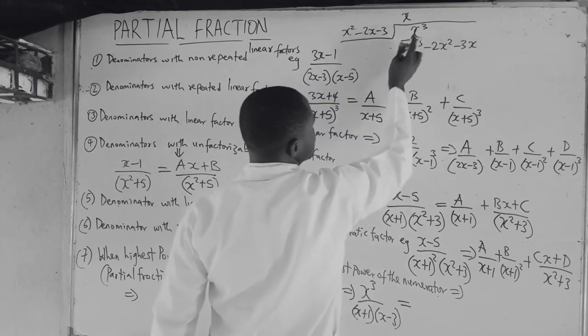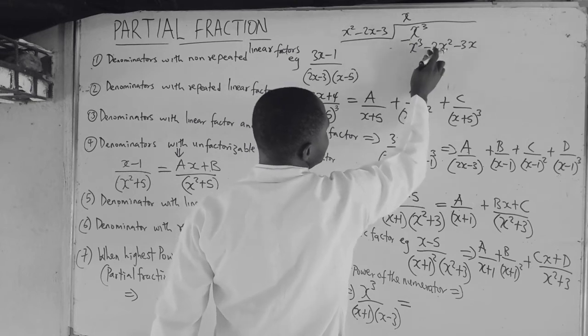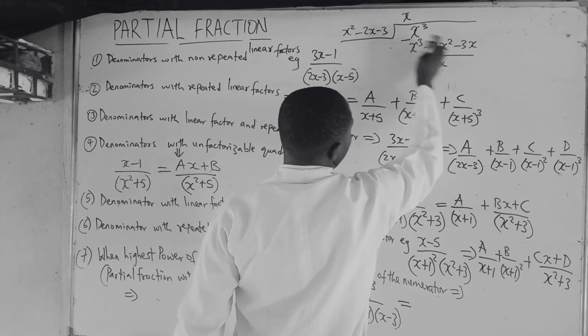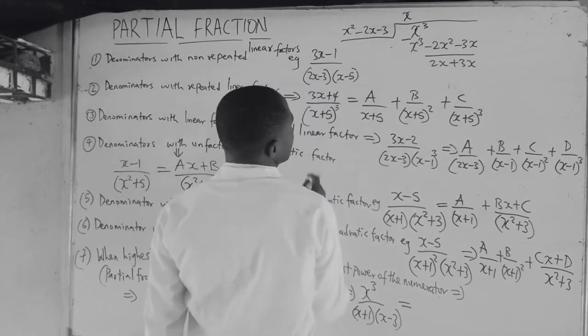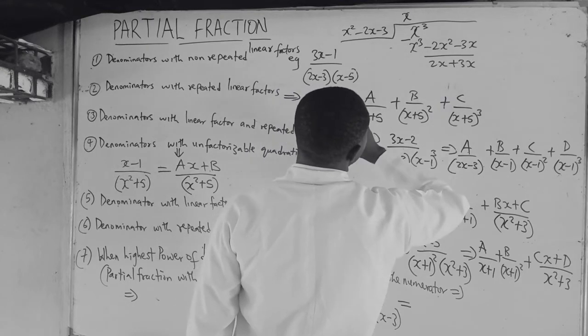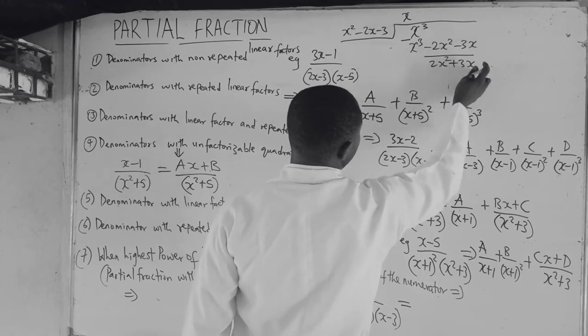You subtract: minus times this gives us plus 2x squared, minus times this gives us plus 3x. Then what will remain is 2x squared plus 3x.